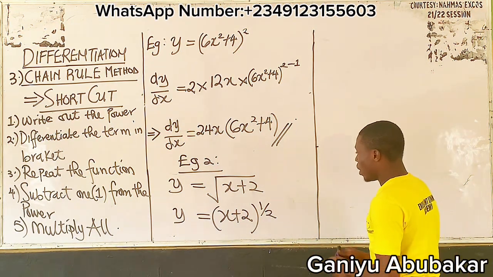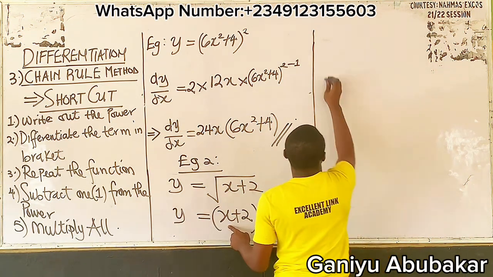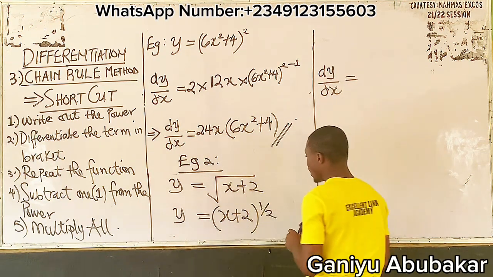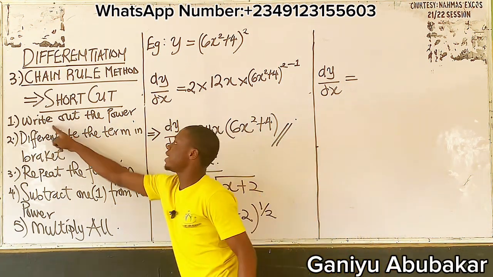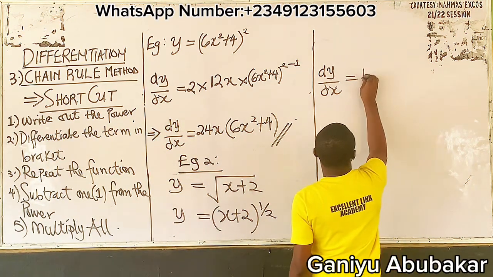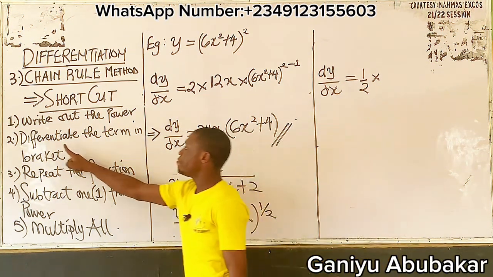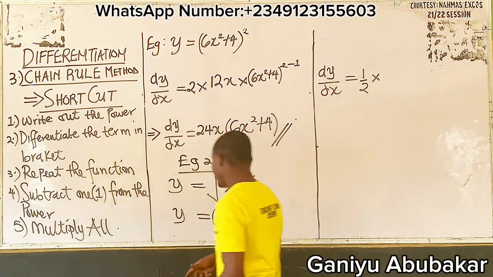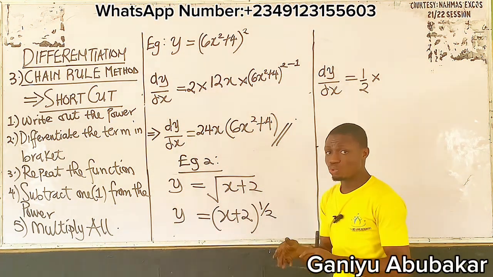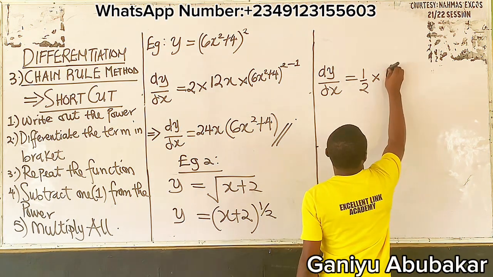First, I'm seeing y with respect to x. So dy/dx is equal to, we said first write out the power. What's the power here? That's half. That becomes half times. Next, differentiate the term in brackets. In the bracket here I see x plus 2. Differentiating x plus 2, I'll have just 1.